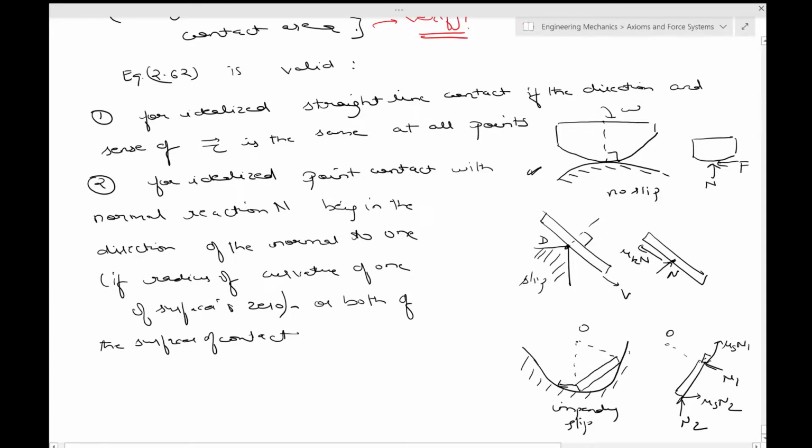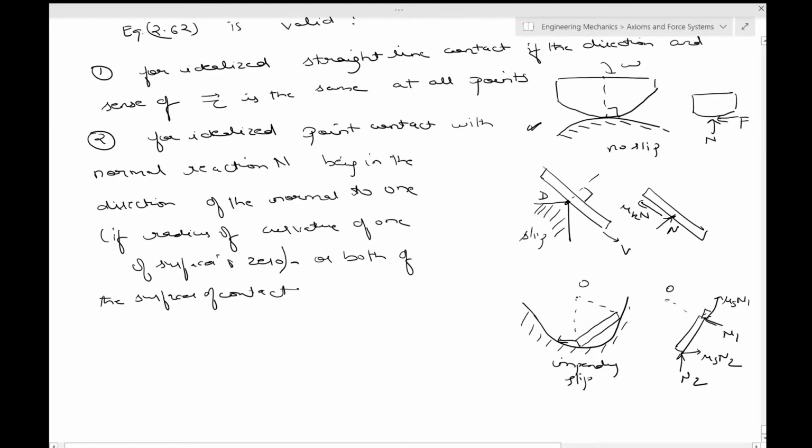Okay, now for a situation like this, in which there is a one-sided constraint, you can choose n greater than 0.